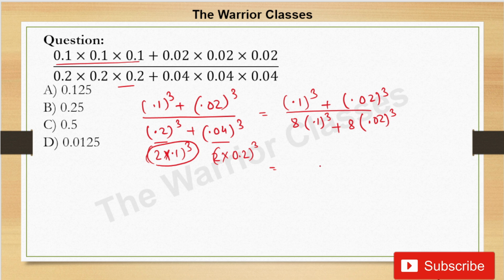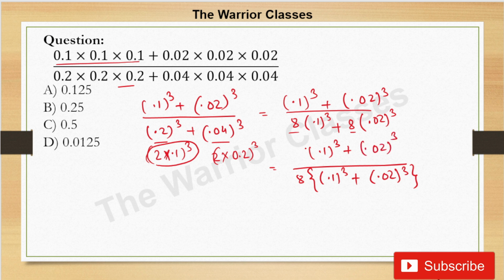Now in the next step, from the denominator we can take 8 common, so in the bracket it will be 0.1 cubed plus 0.02 cubed, and in the numerator we have 0.1 cubed plus 0.02 cubed. So in the numerator and denominator this value is common, so we can cancel it, and we are left with 1 over 8, and the value of 1 over 8 we know is 0.125, right? Option number A is our correct answer.